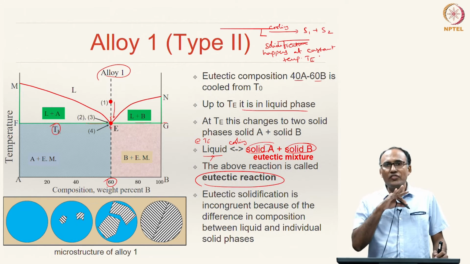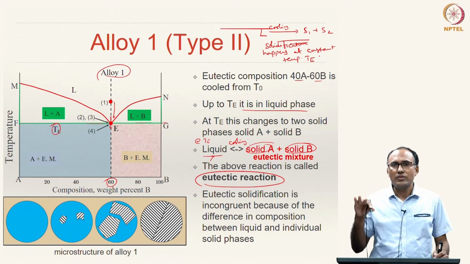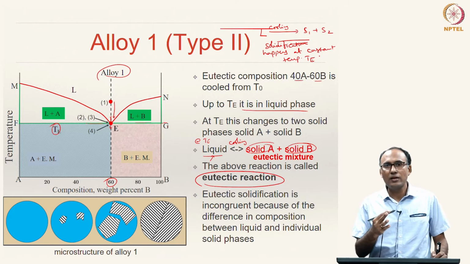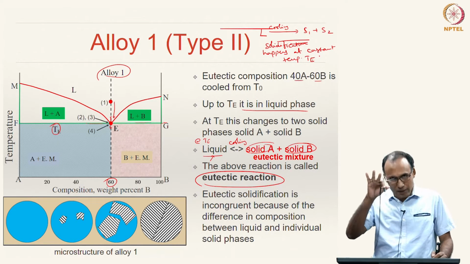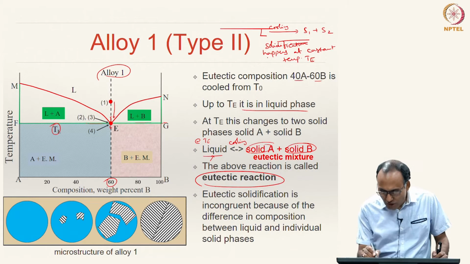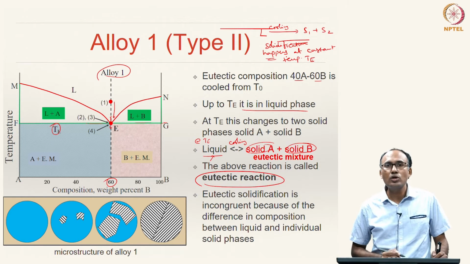So, whenever solidification happens at a constant temperature, as in the previous module when we said pure metals solidify congruently, that means they solidify at constant temperature. Now, can we call this solidification also congruent?